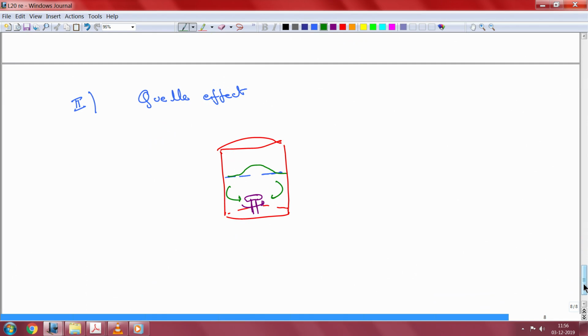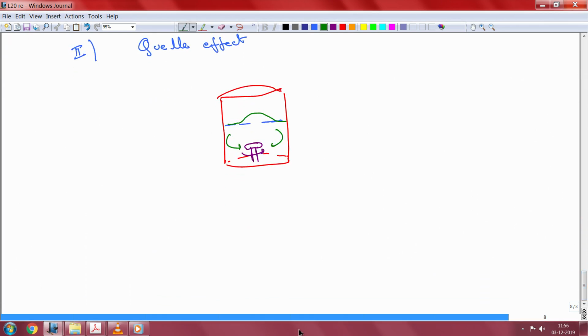Now, there are many other classical effects that you will probably encounter when you start reading up about non-Newtonian fluids. For example, there is an effect called the die swell effect. In the die swell effect, let's say you have fluid coming out of a very thin pipe.